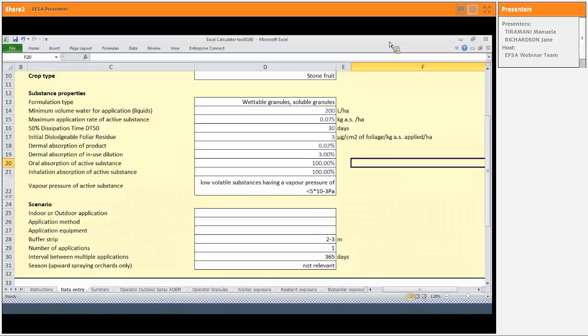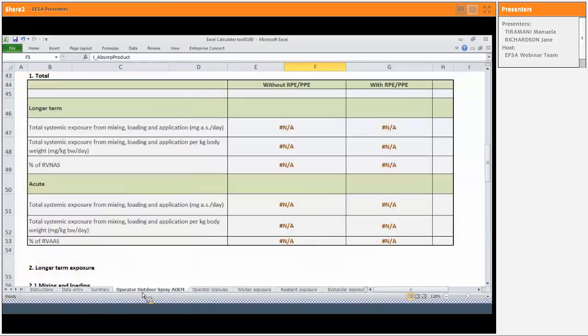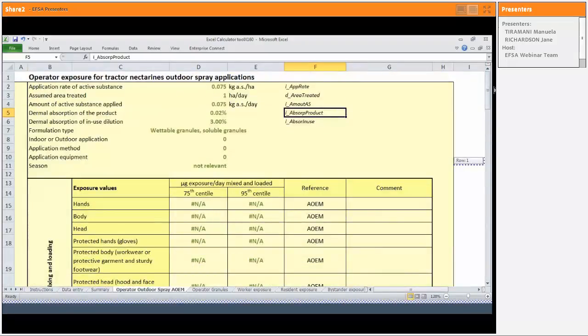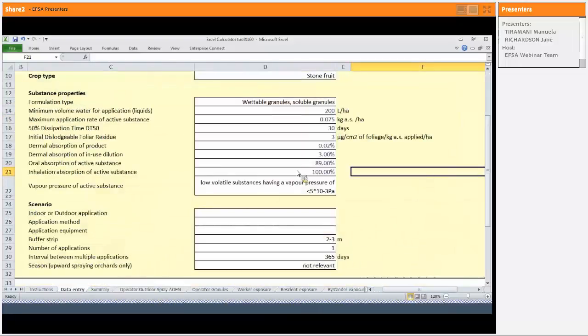If it's lower than 80%, the value will be kept. If it's higher than 80%, the calculator will automatically go to 100%, because this is a sort of default and agreement that the absorption is almost complete.